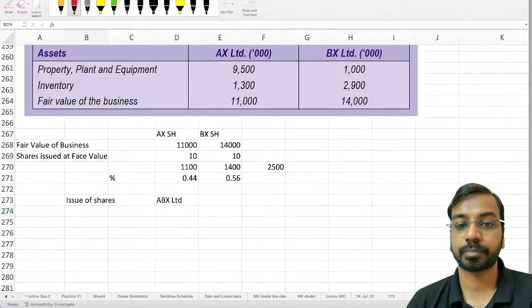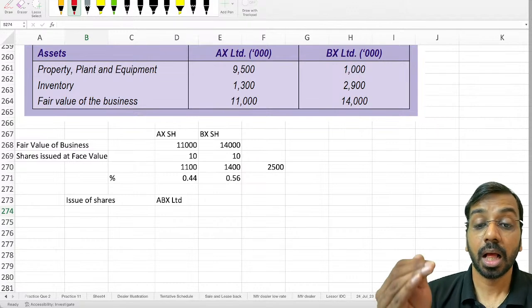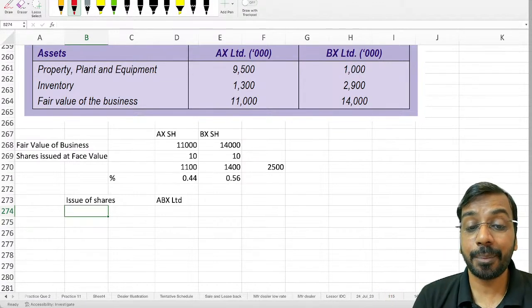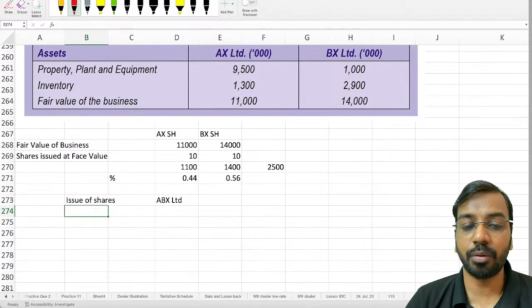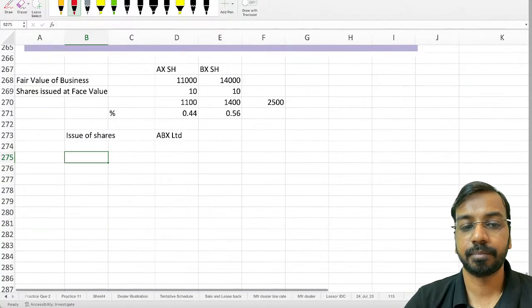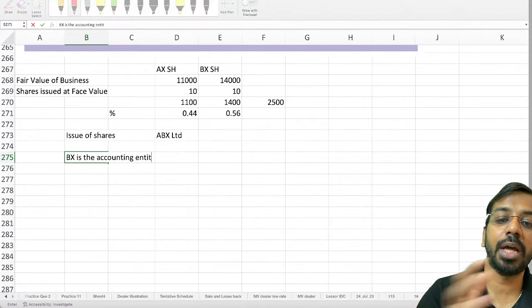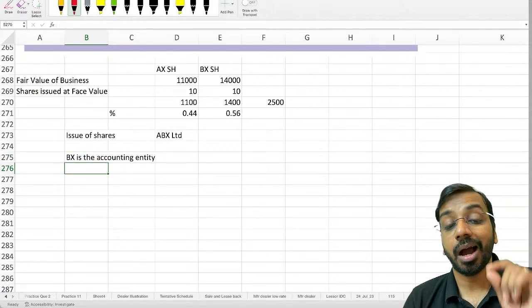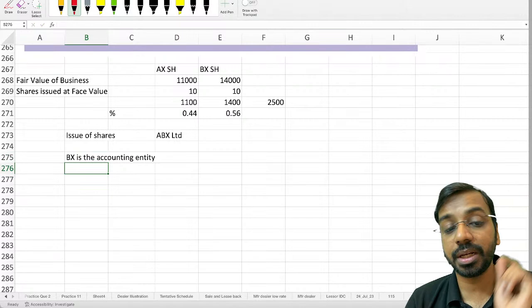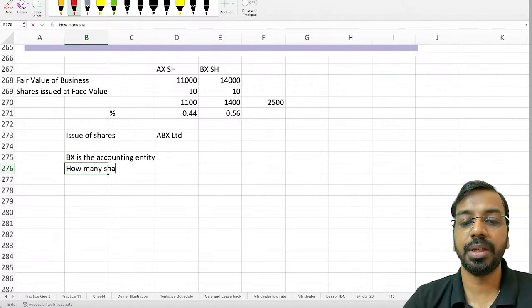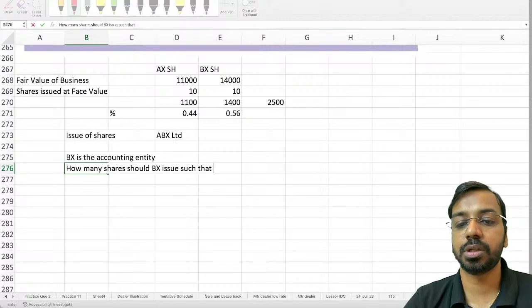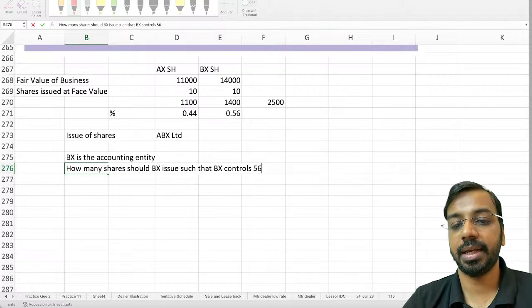But if BX is the accounting entity, it means BX will do the accounting for it. Then how many shares should BX issue such that BX controls 56% and AX controls 44%?